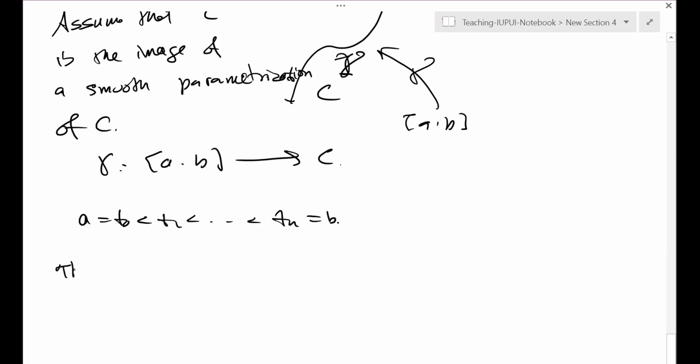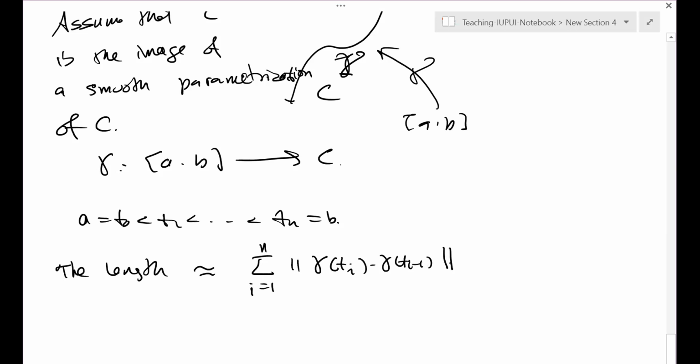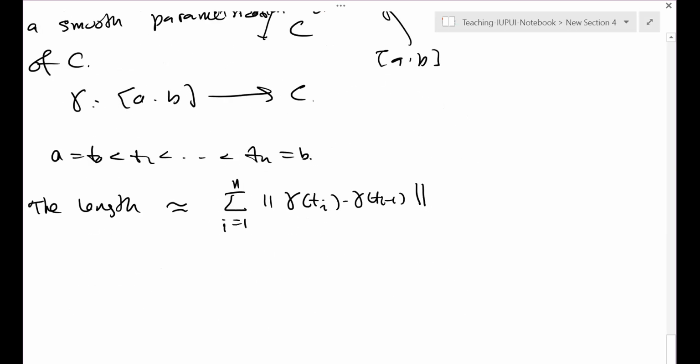Then the length is almost equal to the sum over i from 1 to n of the difference gamma(t_i) minus gamma(t_{i-1}). So what you do here is, this is a map, right?